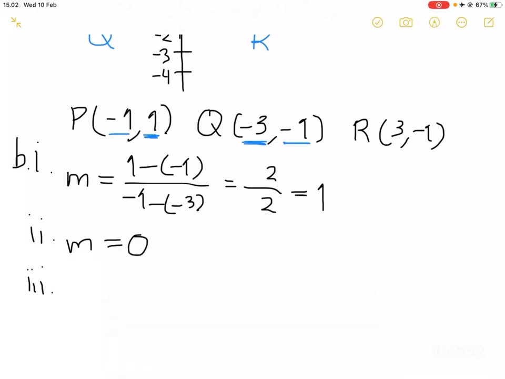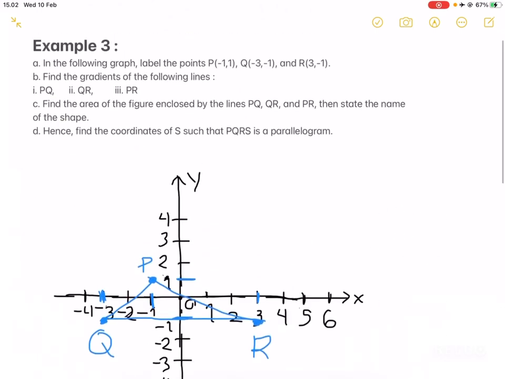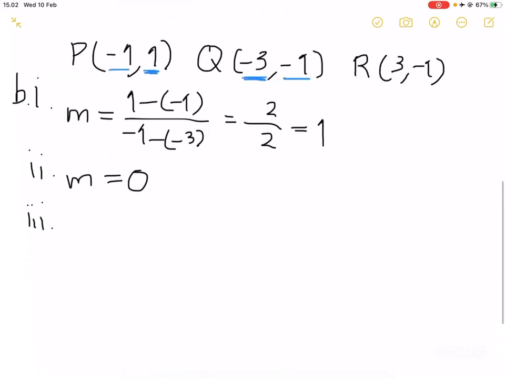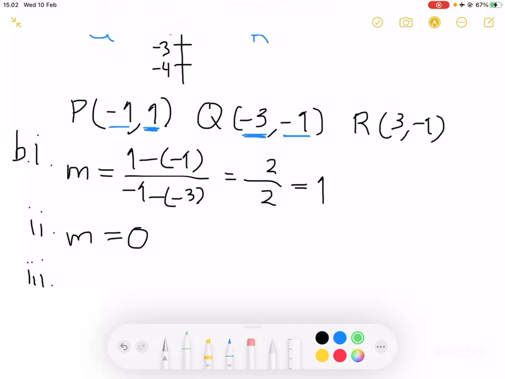Alright, for the third part, we need to consider the line PR. So let's say we want to plug in 1 as our y2 value. So we have y2 is 1, y1 is -1.